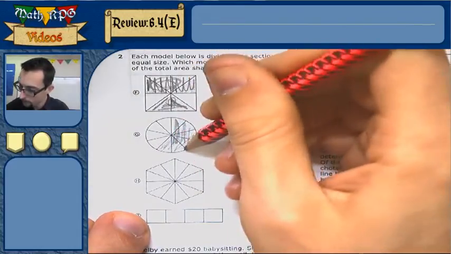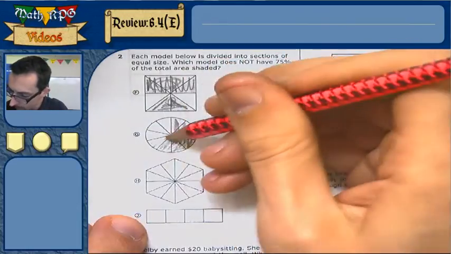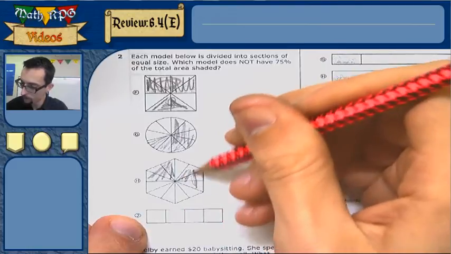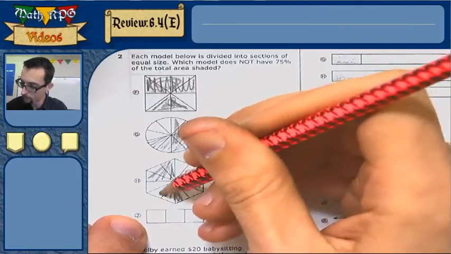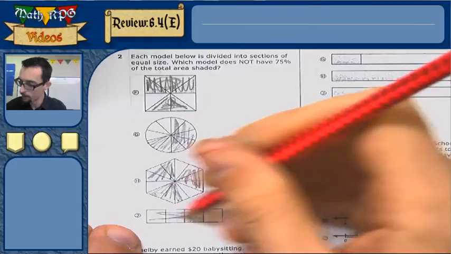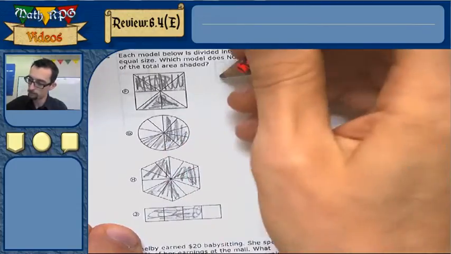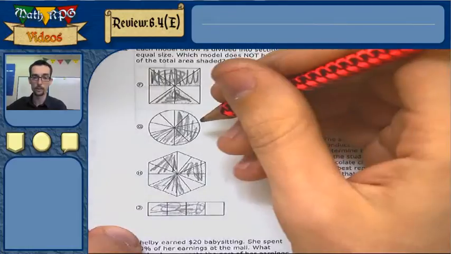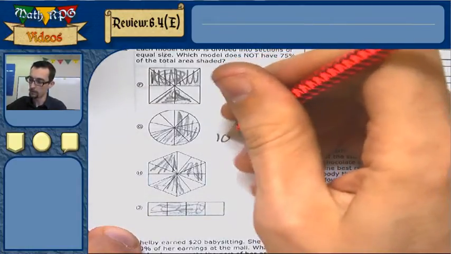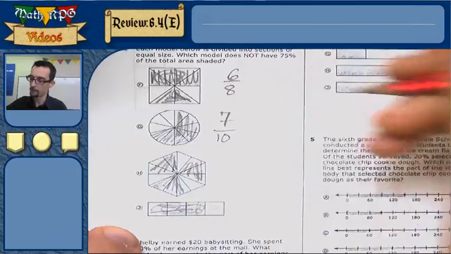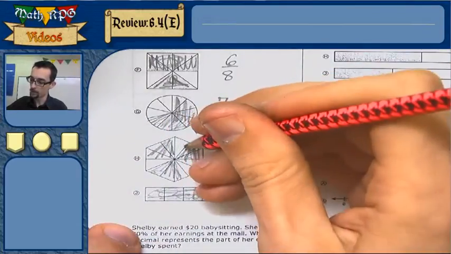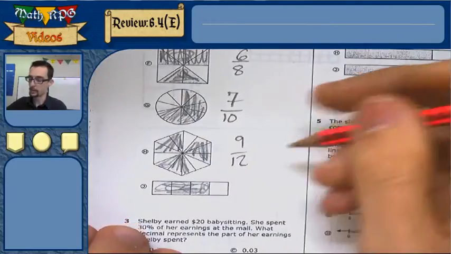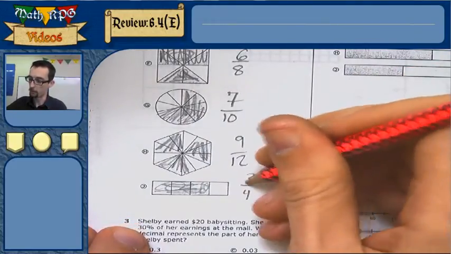On choice A, it looks like there are a total of 8 shapes, and 6 of those are shaded. Choice B, it looks like there are 10 shapes, and 7 of them are shaded. Choice C has 12 shapes, of which 9 are shaded, and choice D has 3 out of 4.